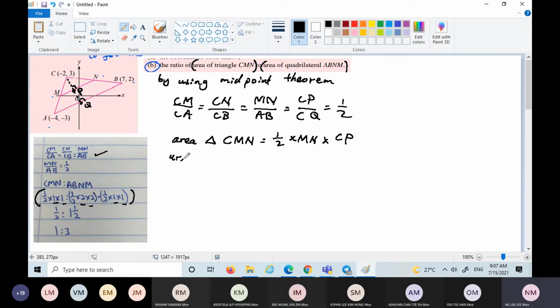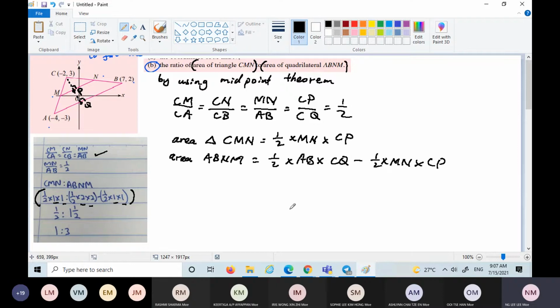So you see, Yenny also did the same thing. She got the big triangle minus the small triangle. So the area of quadrilateral ABNM is: the big triangle is half, the base is AB, and the height is CQ, minus this one: half MN and then CP.